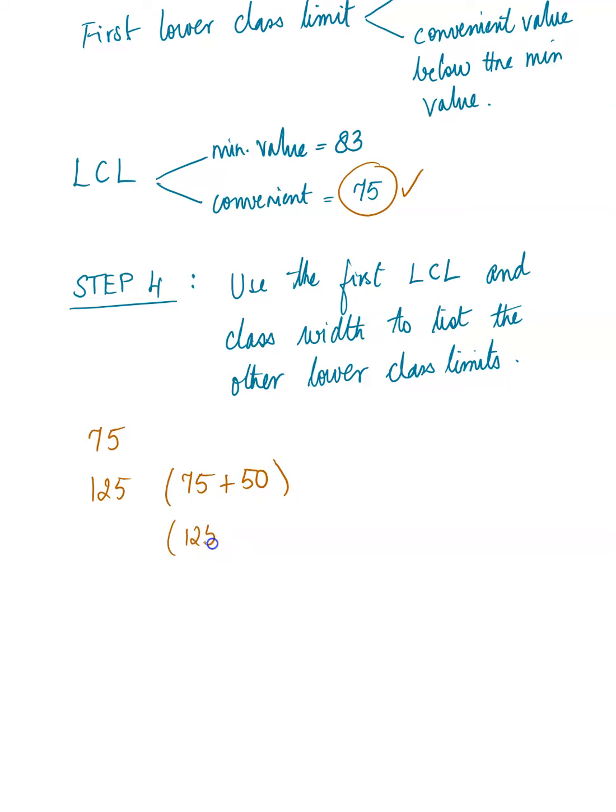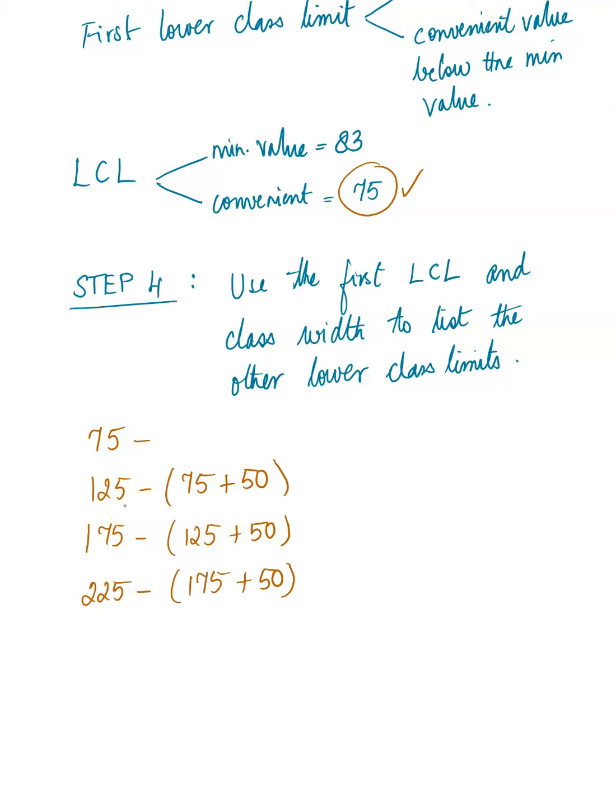So I have to do 125 plus 50 to get the next lower class limit, and that will be 175. Then I will use 175 plus 50 to get the next one, 225. Remember, I'm trying to build 5 classes, because that's the number of classes. So 1, 2, 3, 4. I have 4.